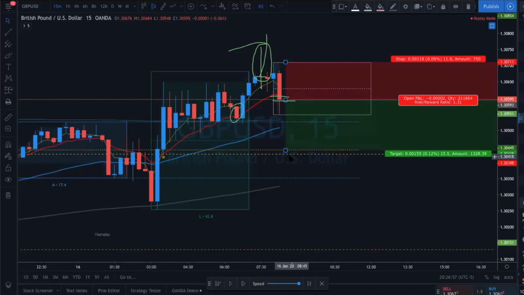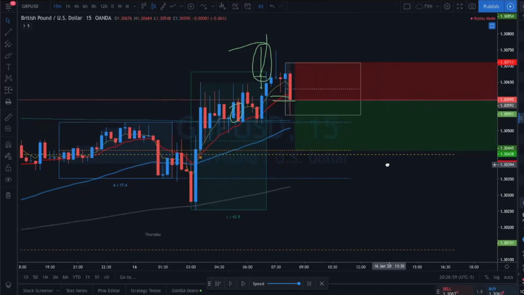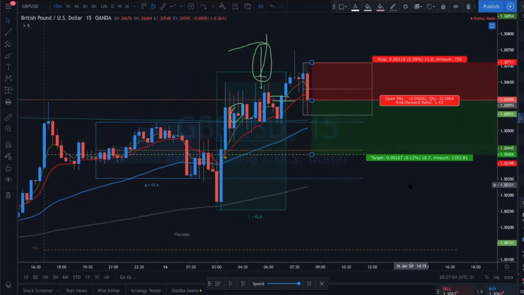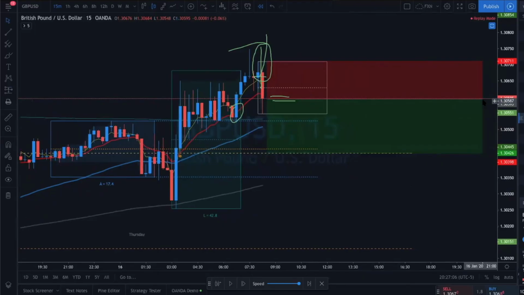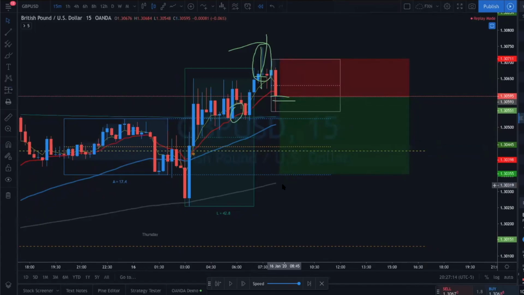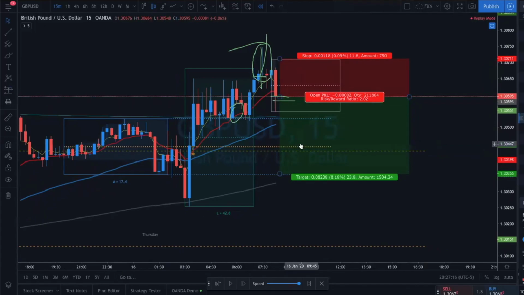You're at 15 pips. Is it really worth it to risk 15, 16 pips for that? You're at a 0.42. You're not at a 2 to 1. To get a 2 to 1, you'd have to go all the way down to the bottom of the range, right? So if you go to the bottom of the range, you're looking at another 30 pips.